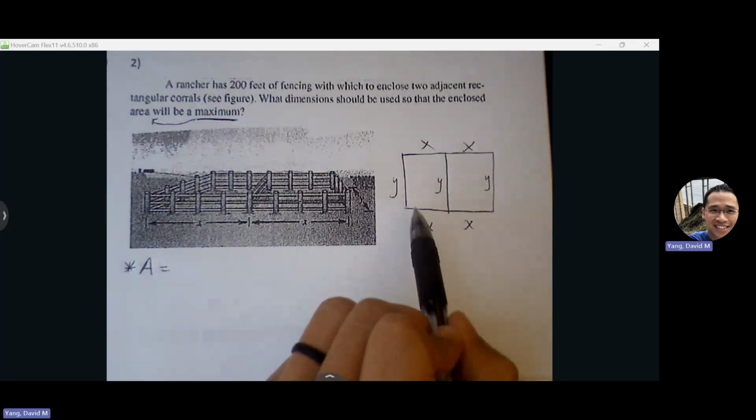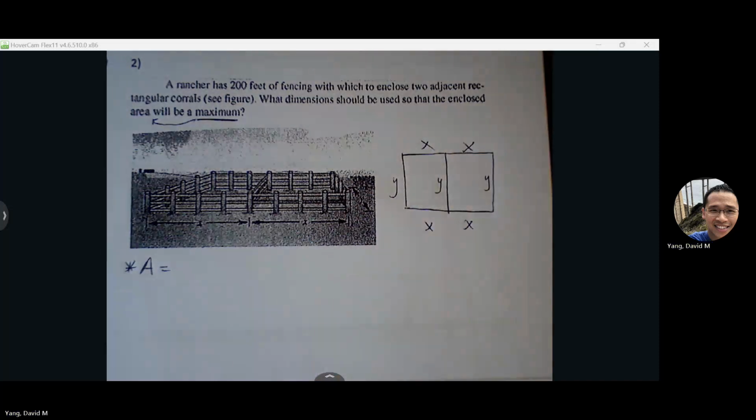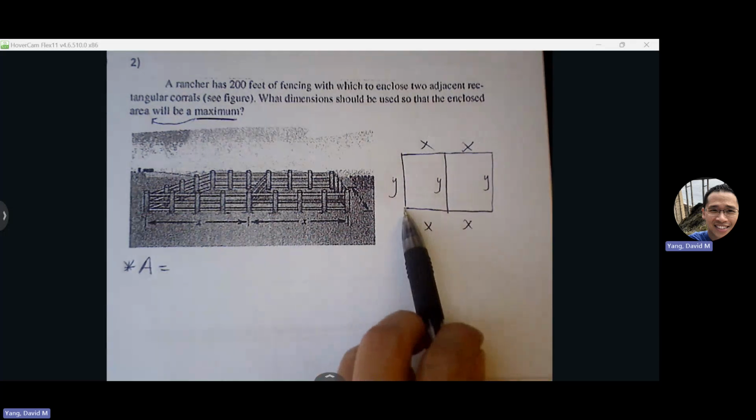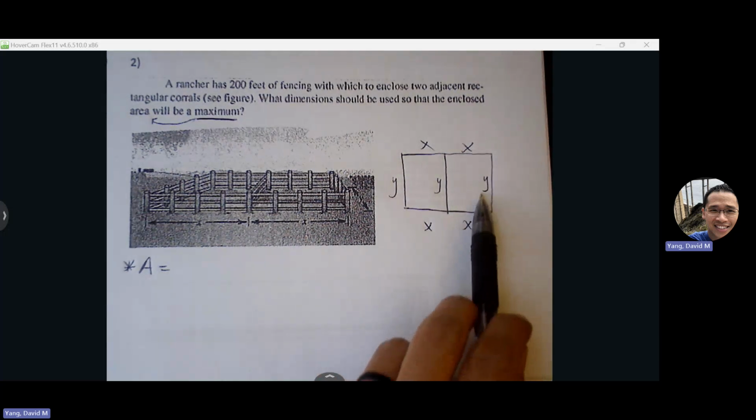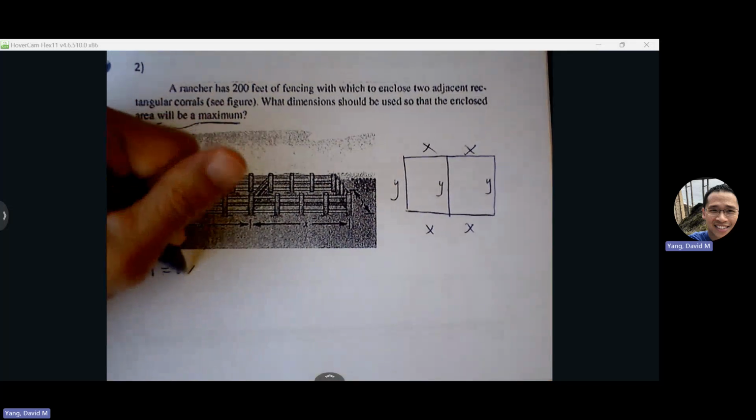Okay. What about if I ask just for the entire region? Yeah, 2x times y, right? So the length of this is x plus x. The length of that is y, so 2x times y. Okay, so area is 2x times y.